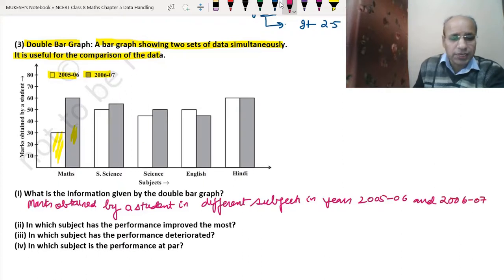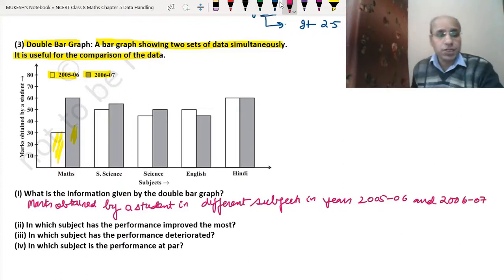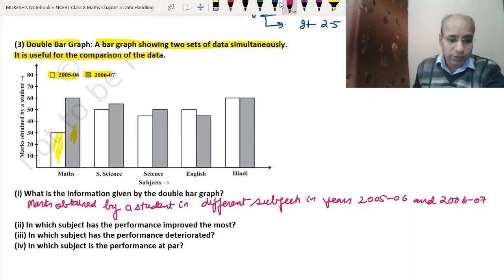So that means we can see continuously for 2 years how he has performed in different subjects for a particular student.